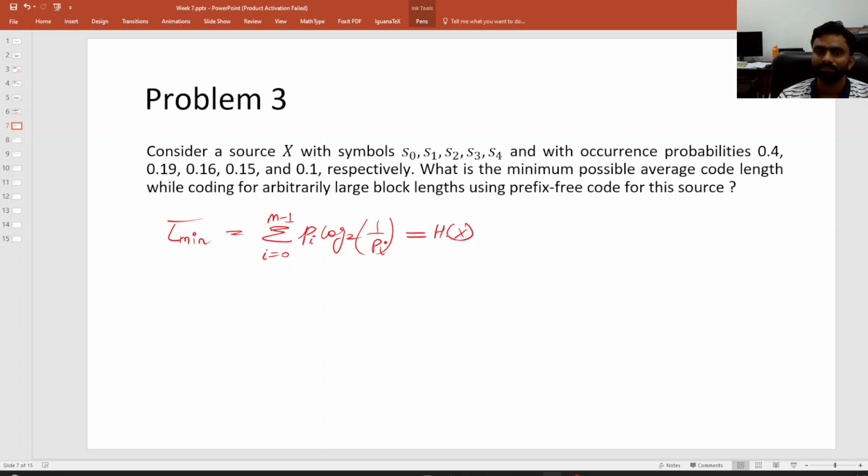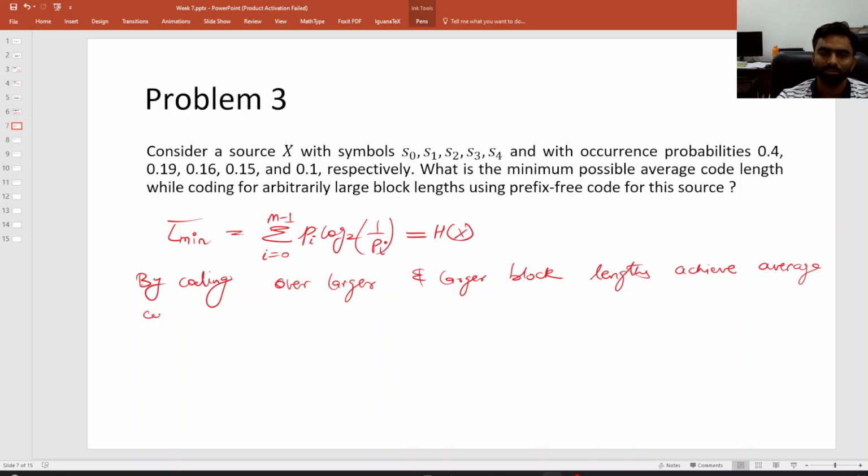So I will write one line which I have also mentioned in the video lecture. I am taking this line from the video lecture. By coding over larger and larger block length, we will achieve the average code length arbitrarily close to entropy.